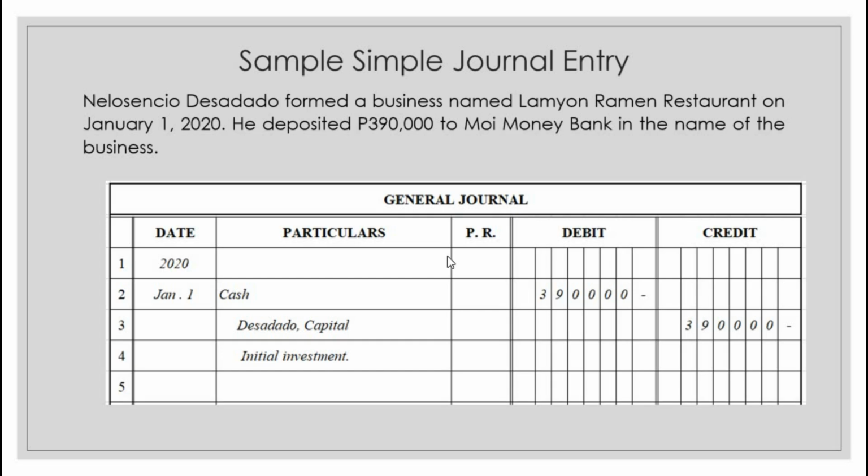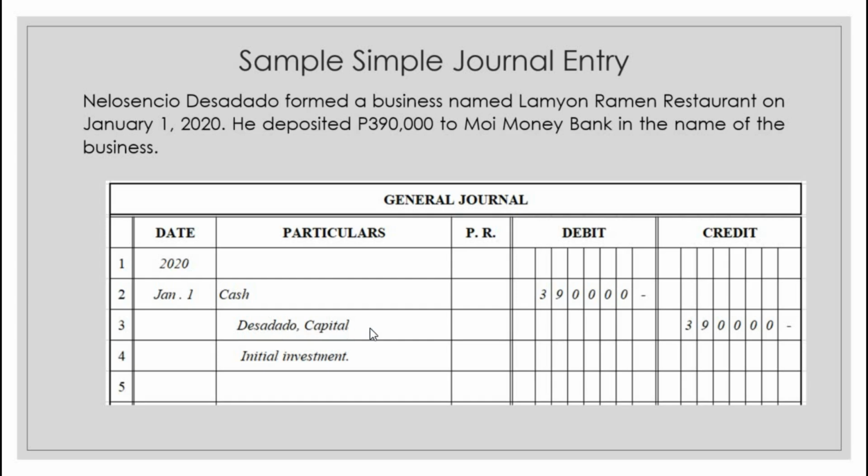So what are the affected accounts? First you have your cash and your capital account. What happened to your cash? Your cash increased. That is why here cash is being debited. Whereas your capital account is also increased.